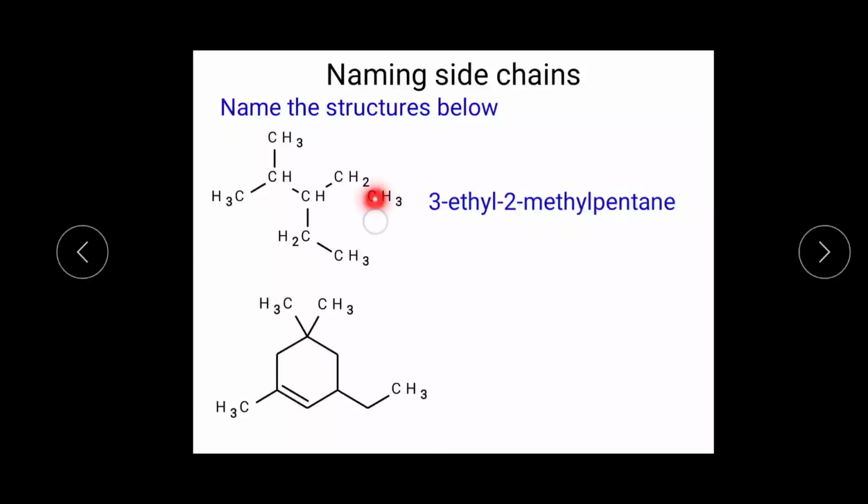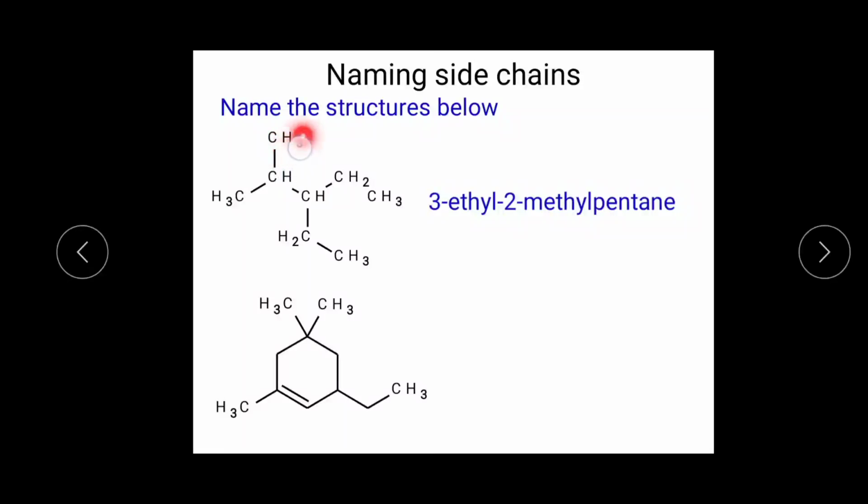Can we start it here? We will begin it here simply because the methyl is on the nearest end on the left side. And the longest possible chain is 5.